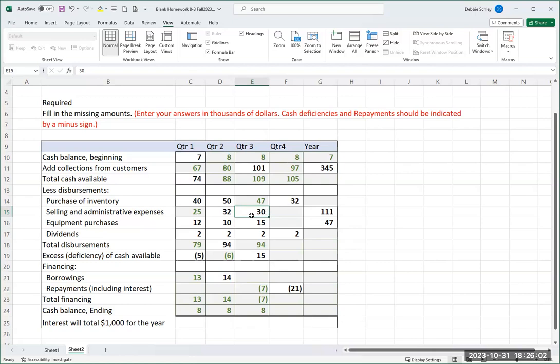Okay, so now again, this purchase of inventory is one that we add across for the year column. So we will just add Q1, 2, 3, and 4 together. Gives us 169. Okay, and again, selling and administrative expenses is one that gets added across. So to find Q4, we will take the total for the year and minus Q1, minus Q2, minus Q3.